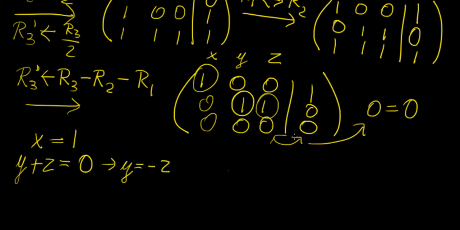And now, what can we do for the last row? Obviously, if we write 0 equals 0, it doesn't really do anything for us. What we can do, however, is if we multiply both sides by z, then we can say that z equals z.